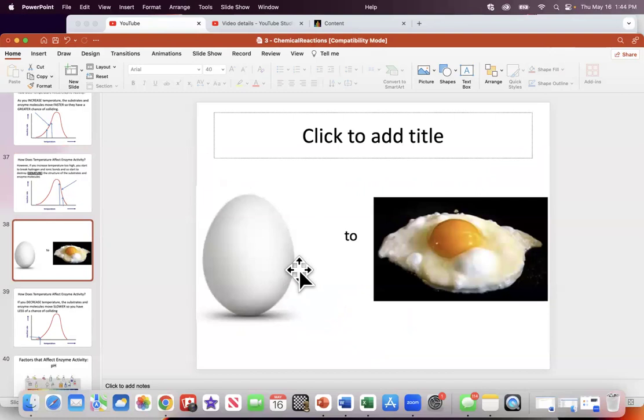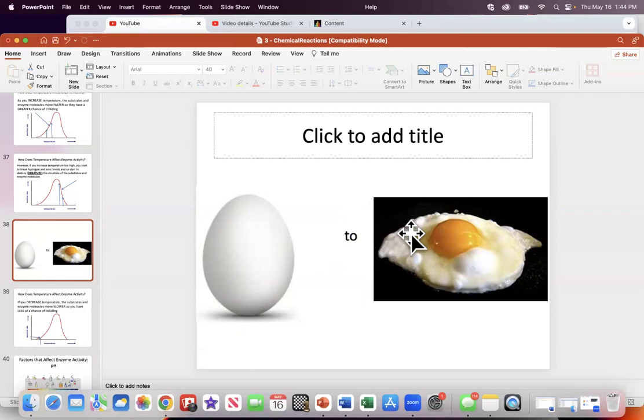When we cook the food, the temperature turns the egg into a fried egg. It's still egg. So when you eat the fried egg, you still have all the nutrition you get from a raw egg. But when we fry it, we find it totally changes structure. And it's irreversible, meaning it cannot go back.